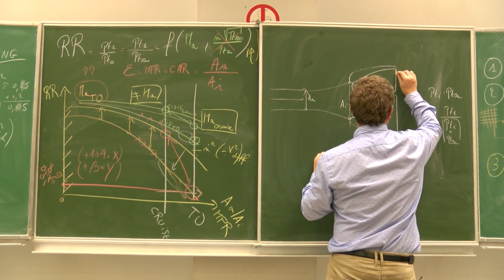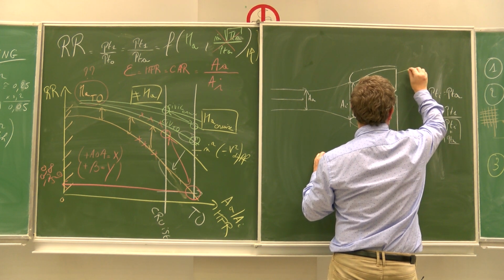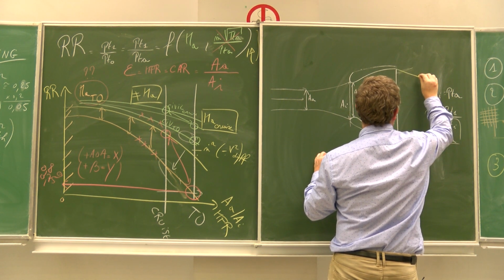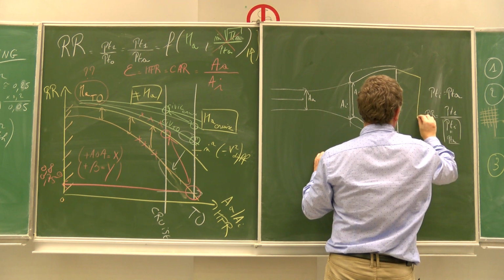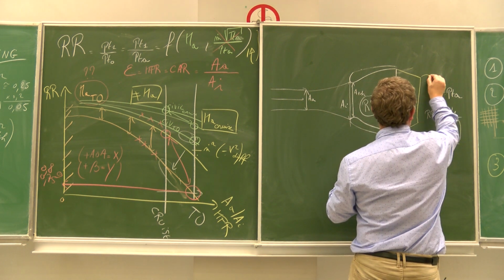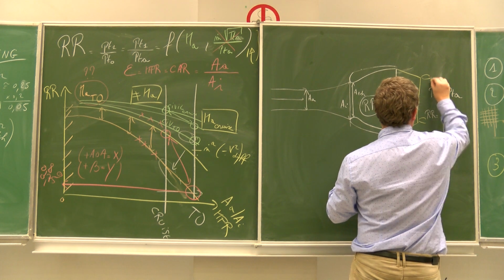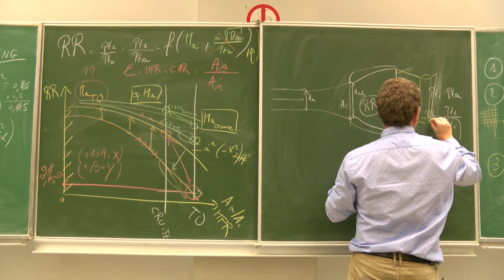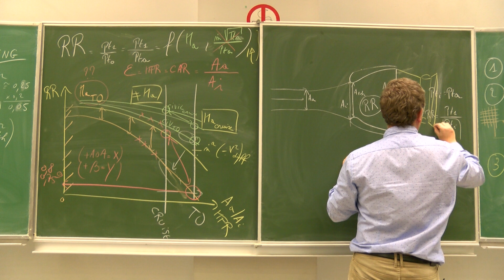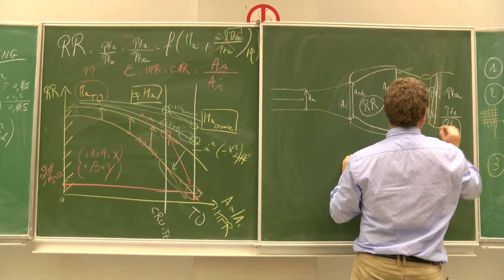So here we have the compressor, something like this, with a combustion chamber. Here we have a turbine, I take a very short turbine, and here I have the exhaust nozzle.